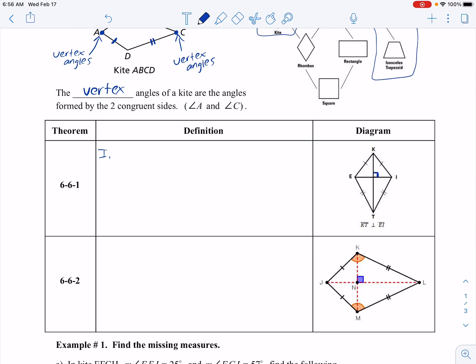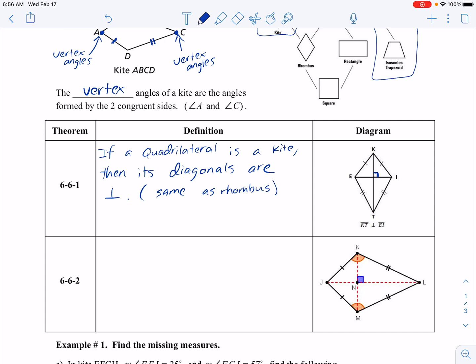So if a quadrilateral is a kite, then its diagonals are perpendicular. Right, and that is the same as a rhombus, which is why those are connected on our family tree.